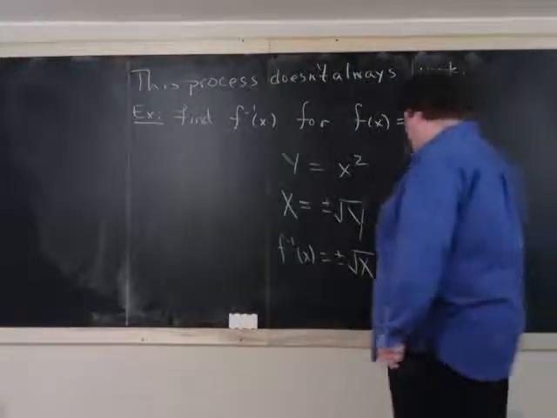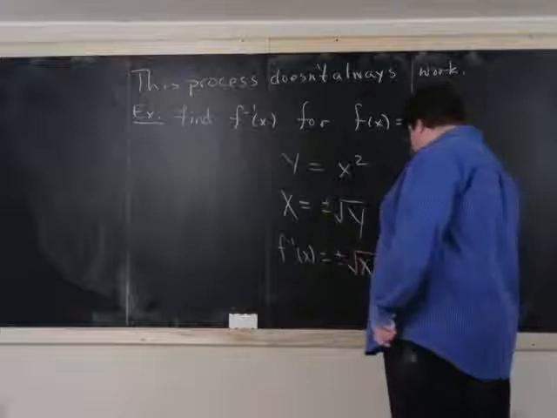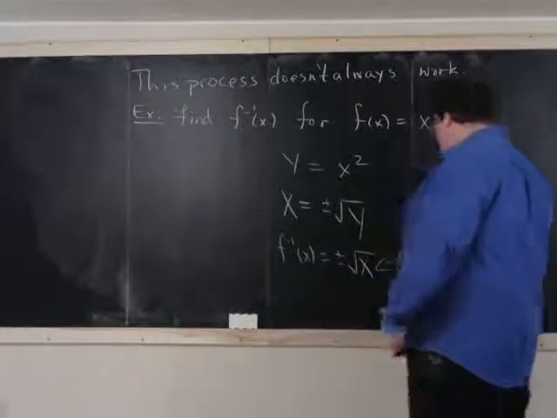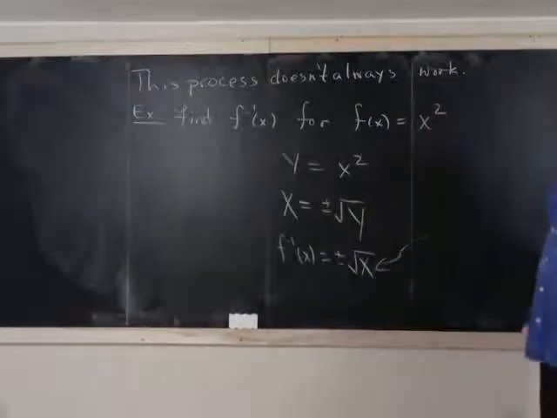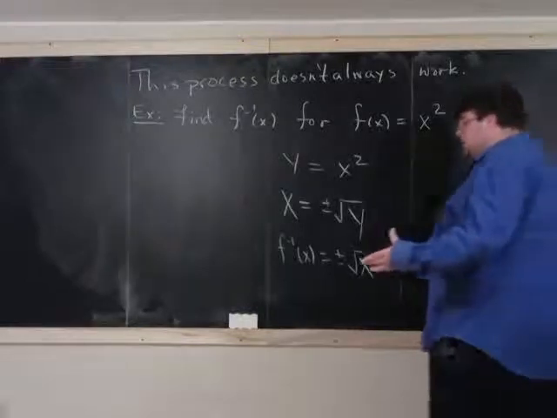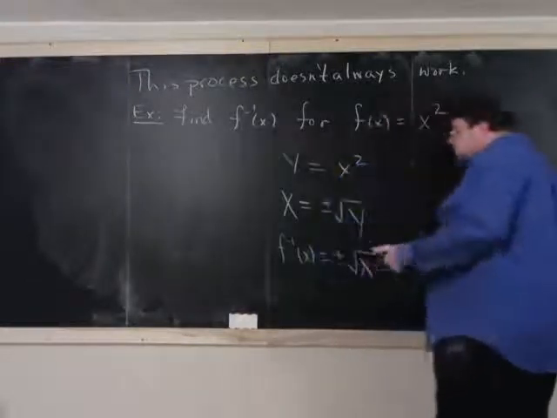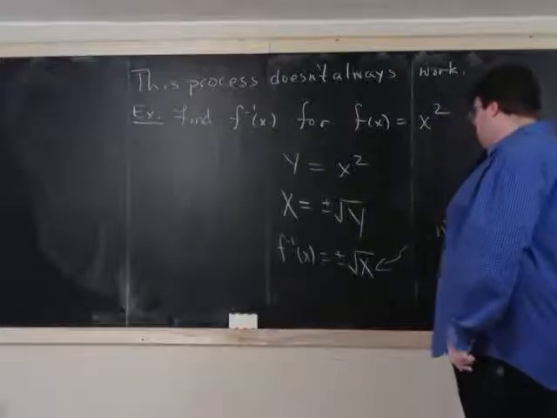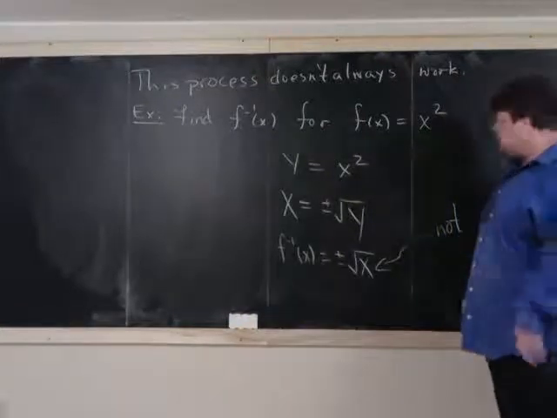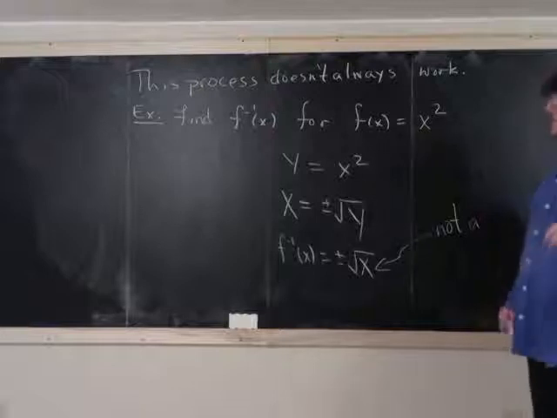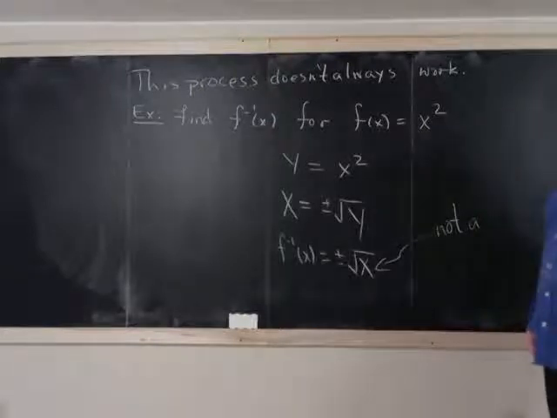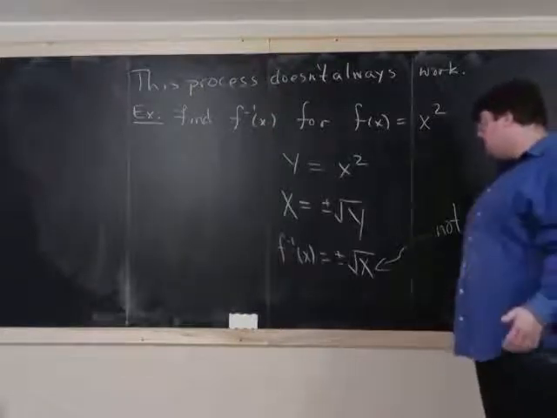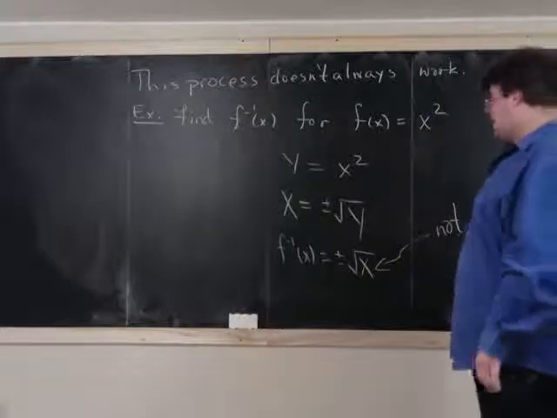Well, you'll notice this right here takes x as its input, and then it throws out two different numbers as its output. A function can't do that. A function must not throw two different numbers out given an input.